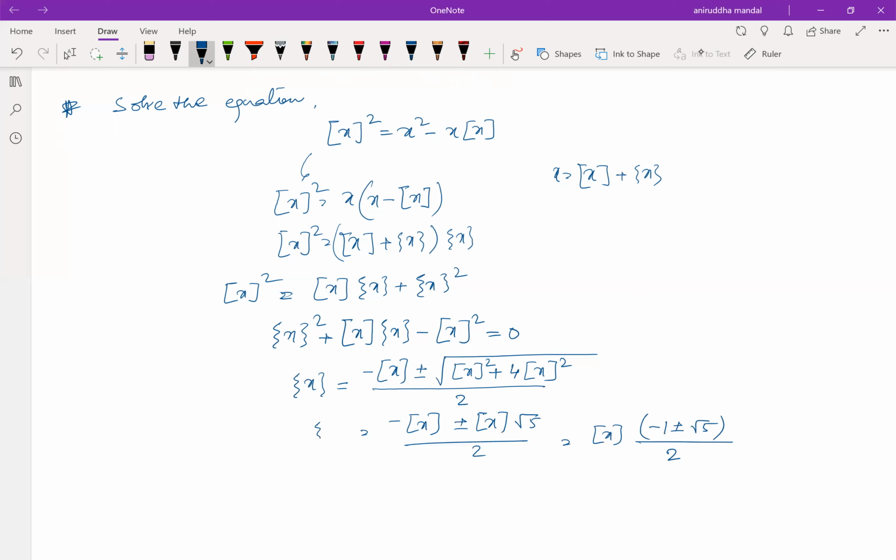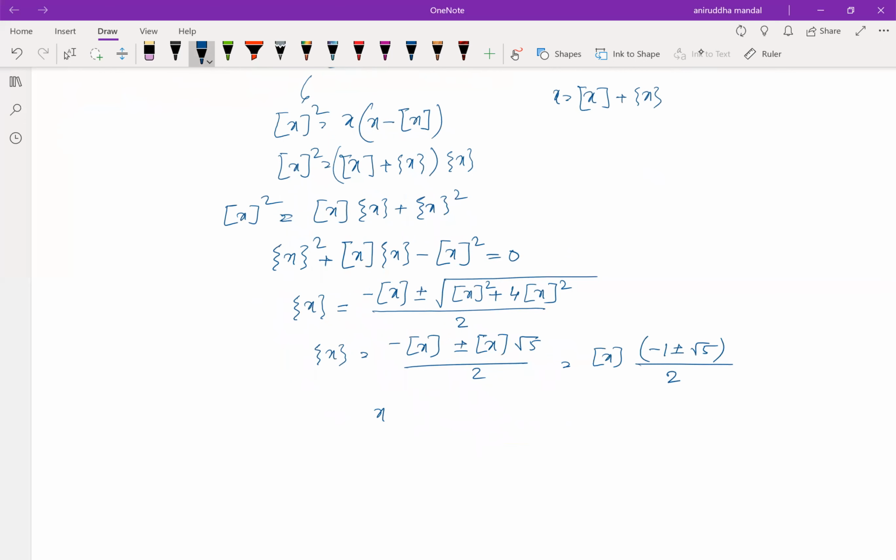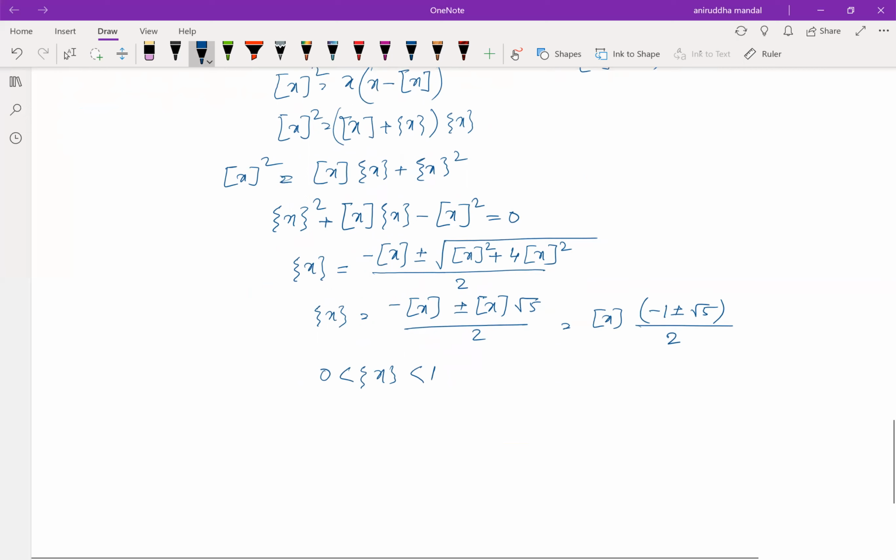Now we know that the fractional part lies between 0 and 1. So we substitute, and we have minus 1 plus or minus root 5 over 2 is less than 1.